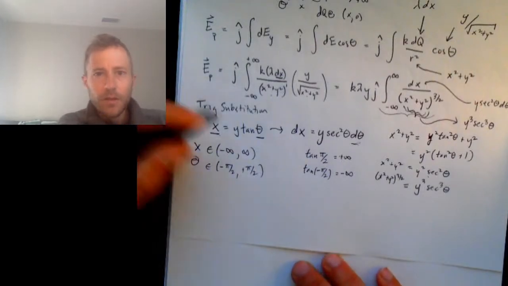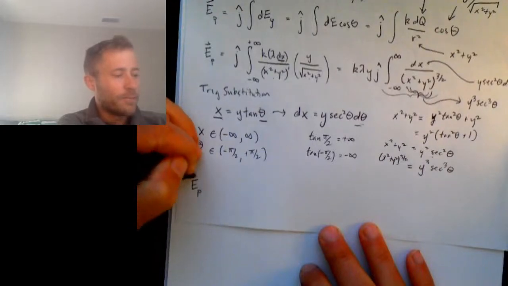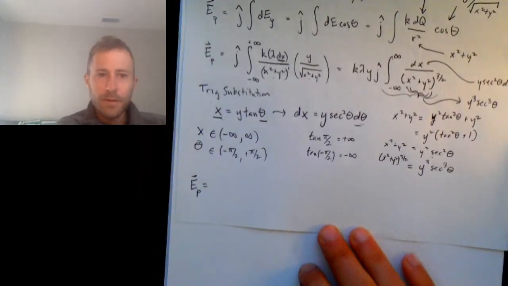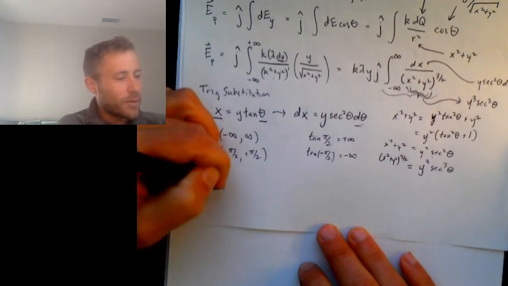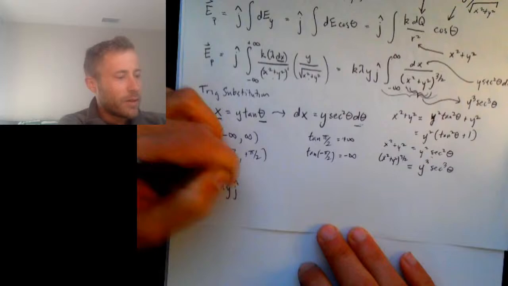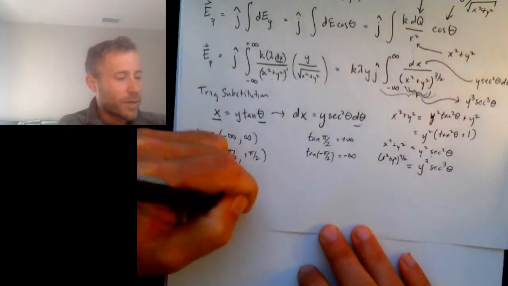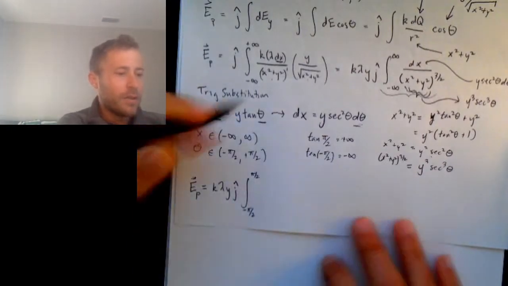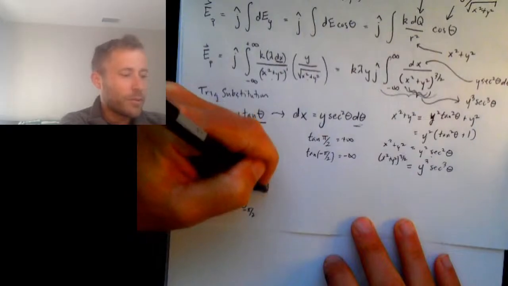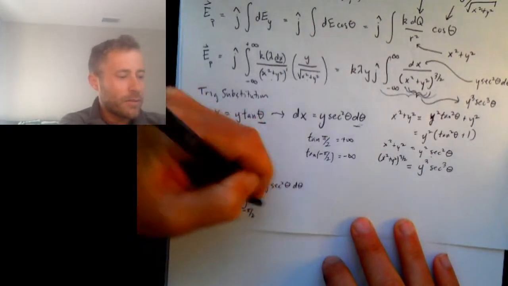So now I can rewrite my integral. I have k lambda y times j hat. My new integral over theta is going to go from minus pi over 2 to plus pi over 2. The dx became replaced with y secant squared of theta d theta.